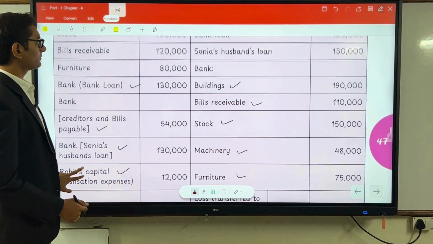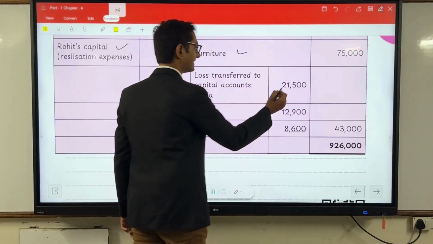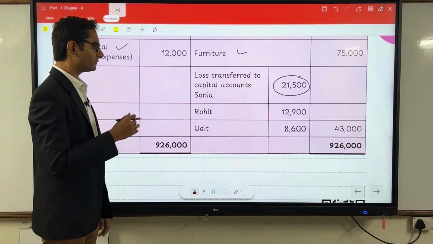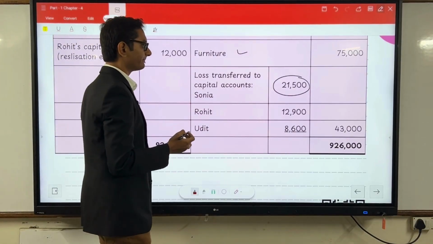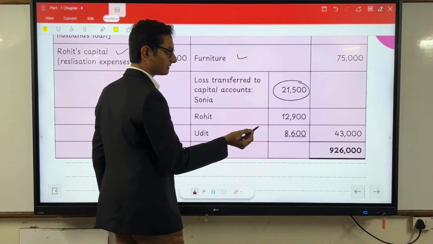Now after closing the accounts we come with the loss of 21,500 that is supposed to be distributed between Rohit, Udit and Sonia in their profit sharing ratio.